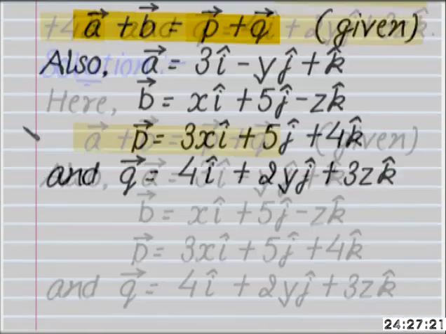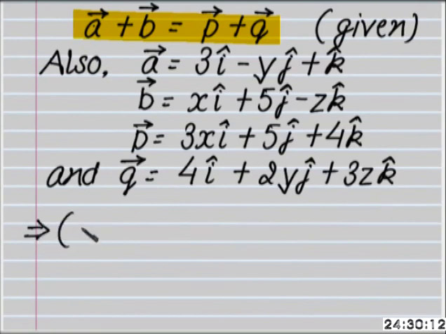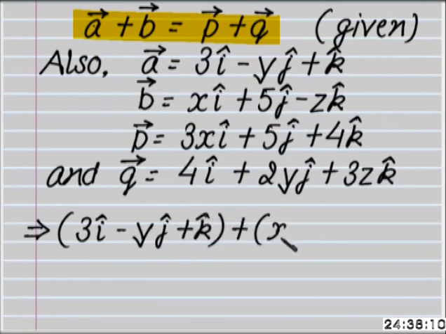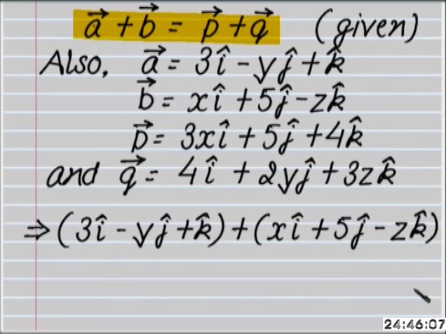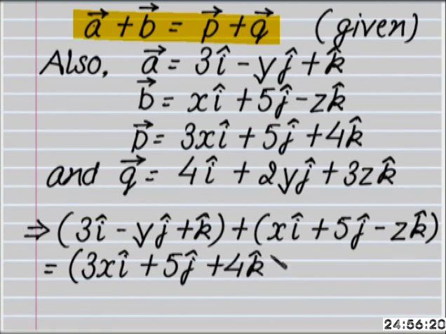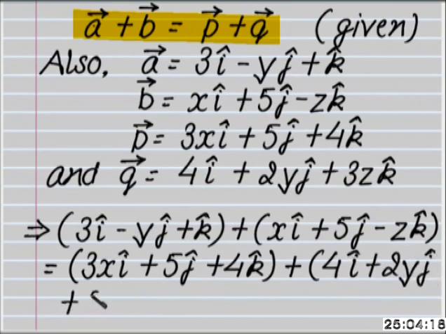This implies 3 i cap minus y j cap plus k cap plus x i cap plus 5 j cap minus z k cap is equal to 3x i cap plus 5 j cap plus 4 k cap plus 4 i cap plus 2y j cap plus 3z k cap.